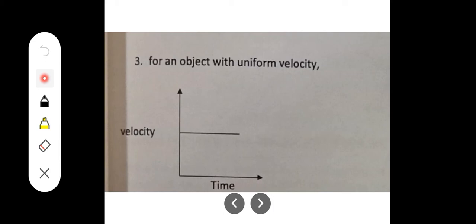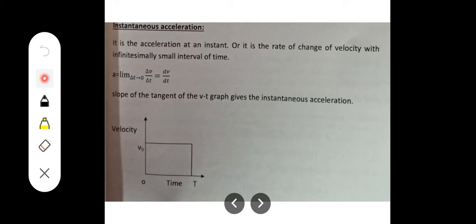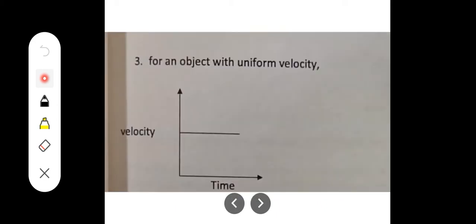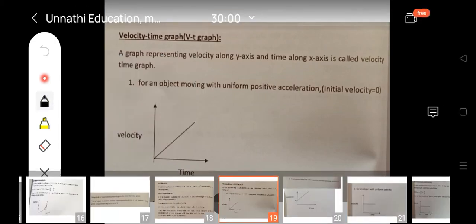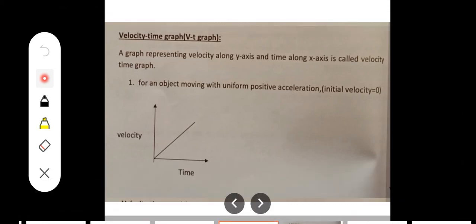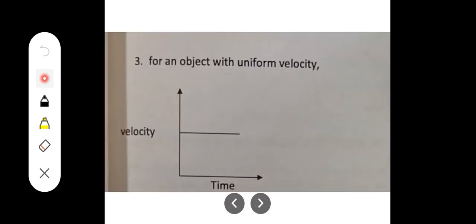Next, suppose it is uniform negative acceleration or retardation starting from a particular velocity, it will be in a reverse direction, right? You can imagine that, a straight line going downward. You can draw that one. So these points are important in this part. These 3 types, and uniform negative acceleration also can be asked sometimes.